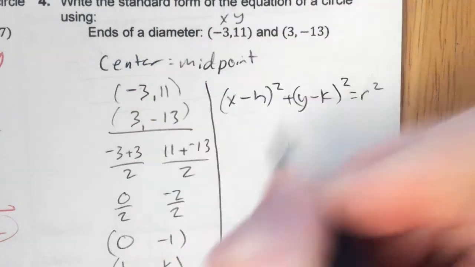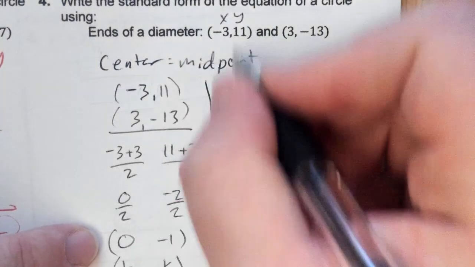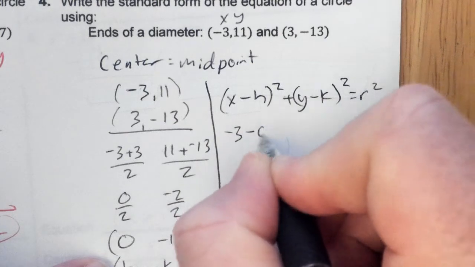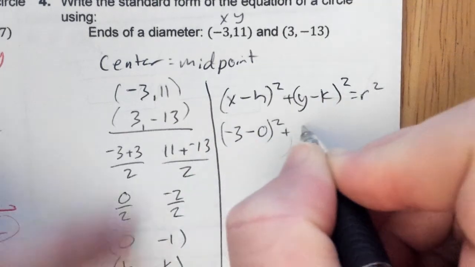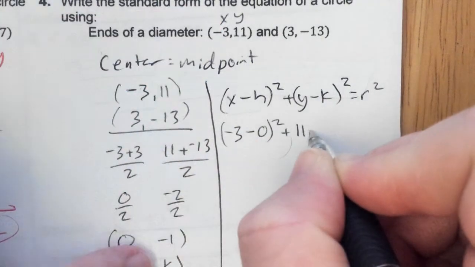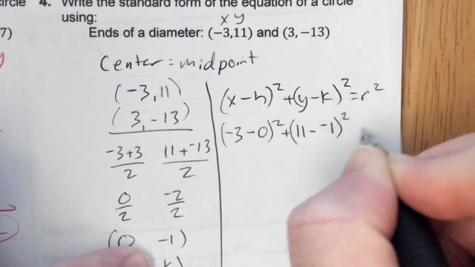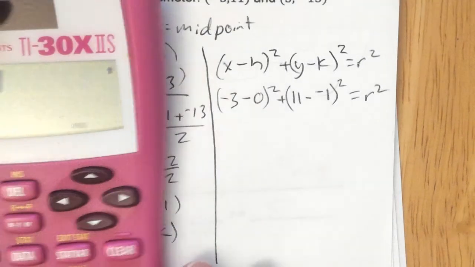So my x was -3 minus my h, which was 0, squared, plus my y, which is 11, minus my k, which is -1, that quantity squared, equals r squared. All we have to do now is plug that into the calculator, just like it looks.